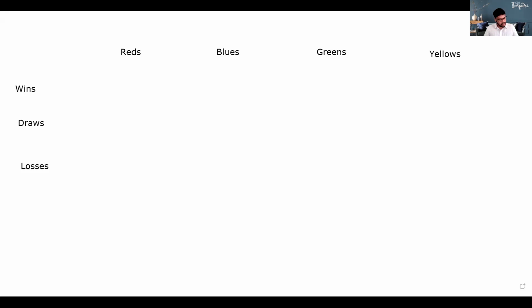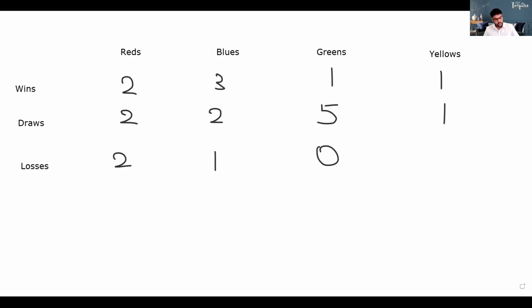The Reds, for example, have won 2, they have 2 draws, and they've lost 2 as well. The Blues have 2 wins, 2 draws, and they lost 1 game. The Greens have 1 win and 5 draws, and they do not lose any games. And finally the Yellows have 1 win, 1 draw, and they lose 4 games.